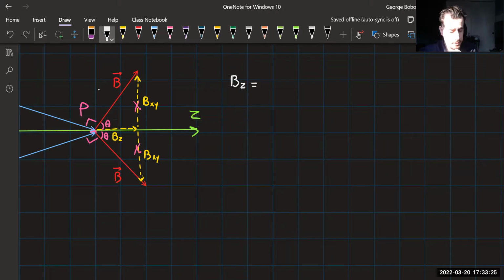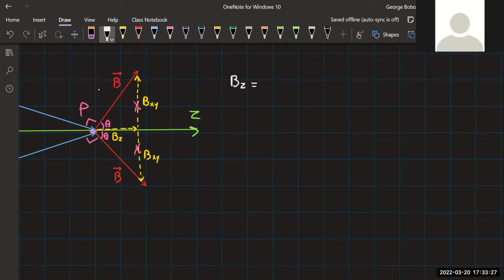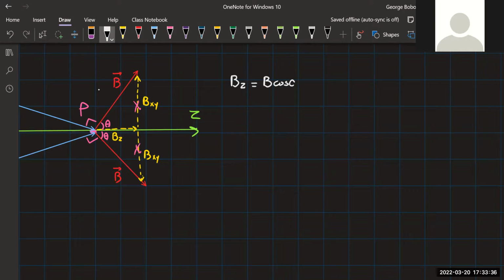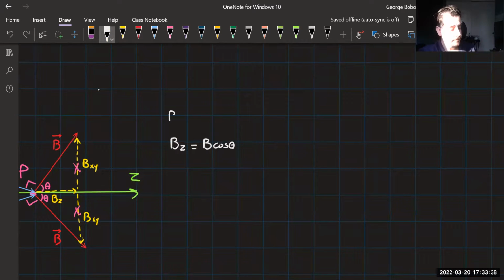Just like you break down components of vectors, it's either a sine or a cosine component. Oh, it's cosine. Okay. So it's B cosine theta. And B again, where am I going to get it from? I'm going to get it from the Biot-Savart law, from the shortcut of the Biot-Savart law.